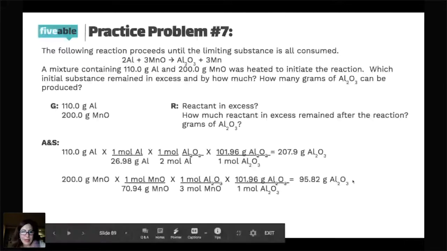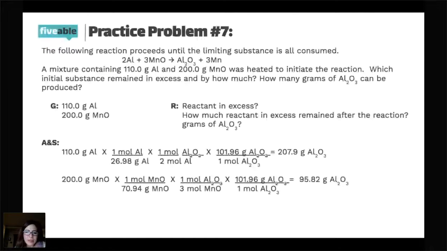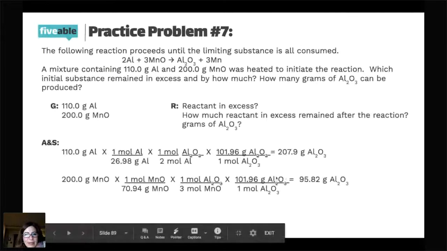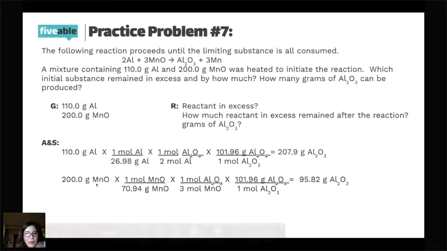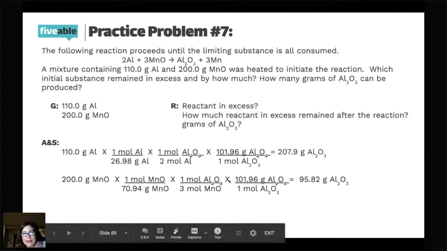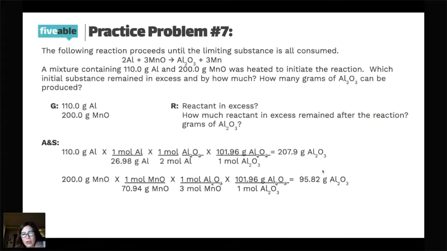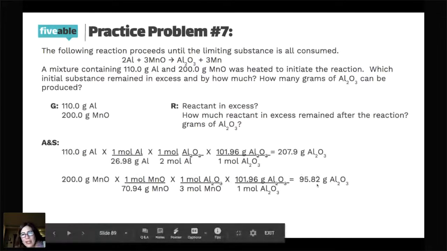If we go back to the simple example of the sandwiches, the limiting reactant there was the ham, and we could only do 3 sandwiches, even though we had 8 slices of bread. So your product depends on the reactant that will run out first. And the way that you can tell is that the reactant that gives you the smallest amount of product, that one is your limiting reactant.